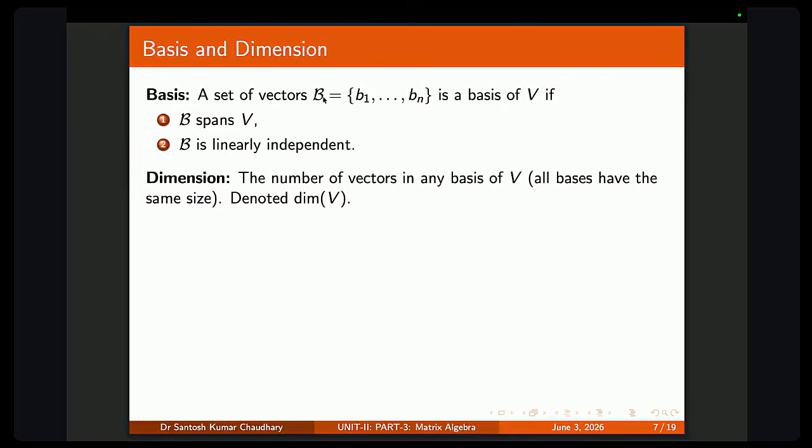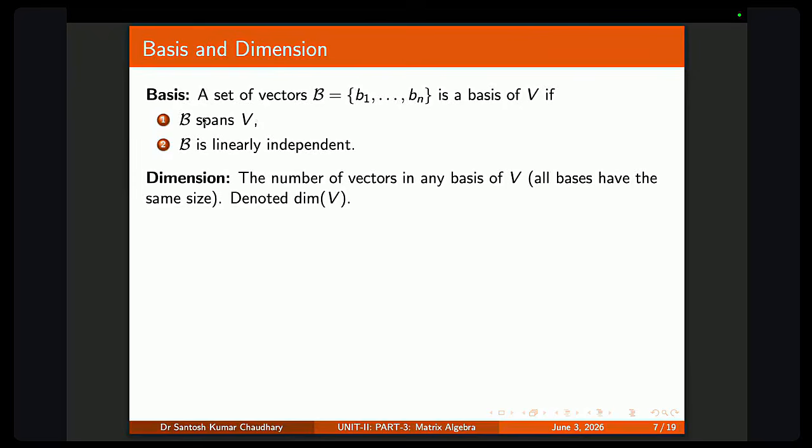This capital B is a set containing vectors B1, B2, Bn, and it is said to be a basis of a vector space V if and only if the first condition is that set B must span V. Span V means every element of vector space V can be written as a linear combination of elements of set B. So you can generate all elements of the vector space through vectors B1, B2, Bn.